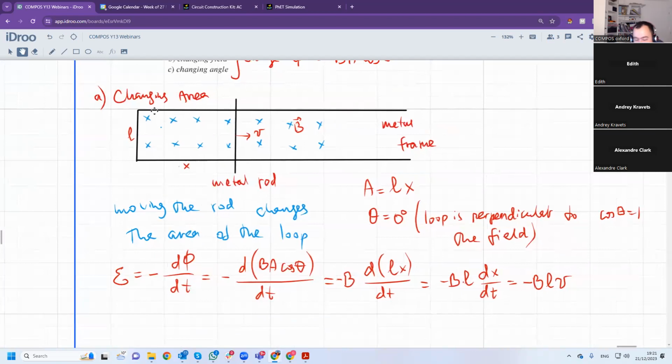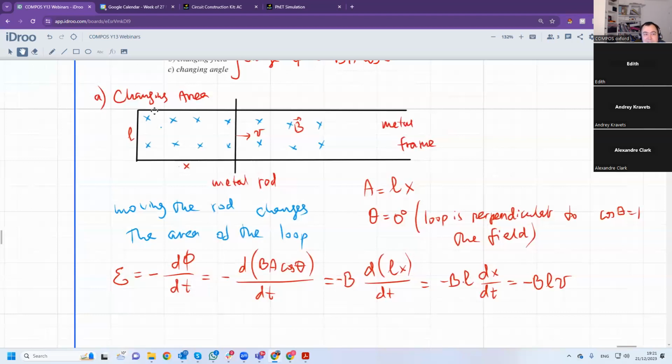A really cool thing about Faraday's law is that Faraday said it doesn't matter how you change the flux. If you change the flux, there will be an EMF induced. Okay, do you understand this example A of changing the area? On a scale of 0 to 10, please.